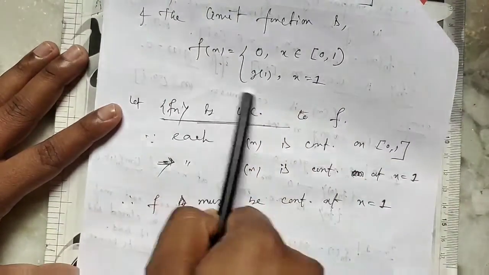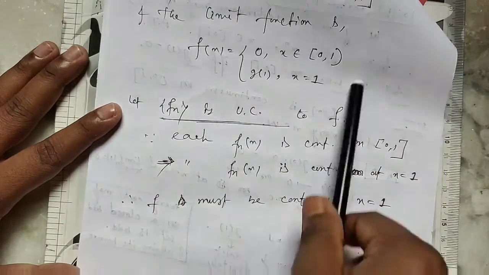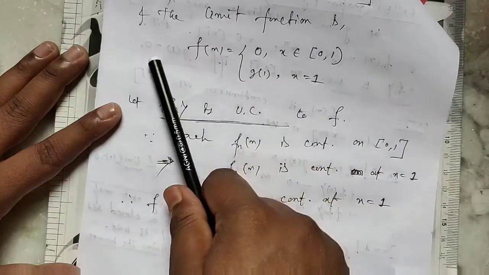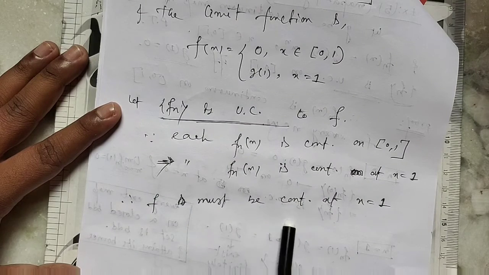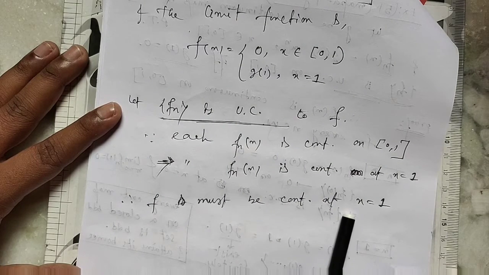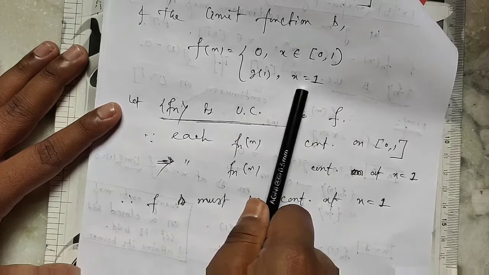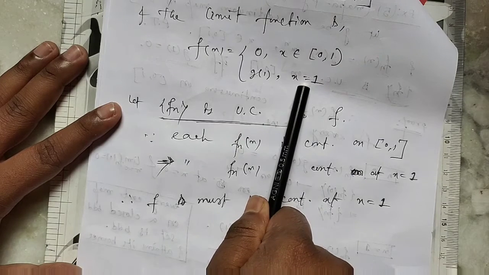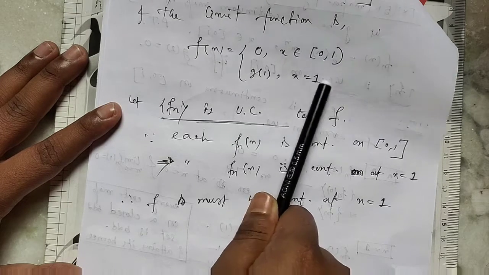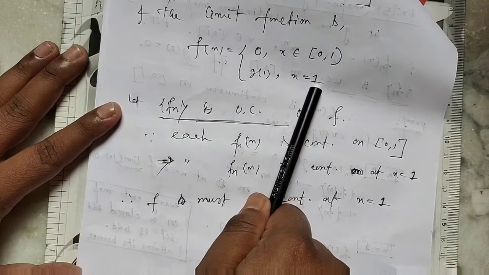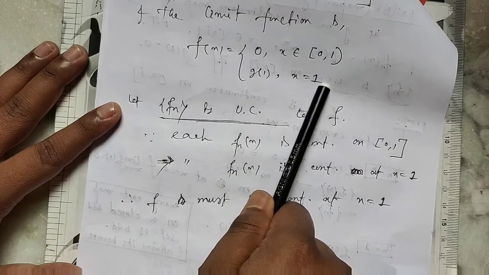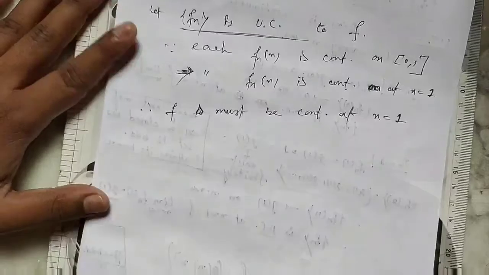So this is our f(x). If f is continuous at x equal to 1, then the left hand limit at x equal to 1 must be equal to f of 1.